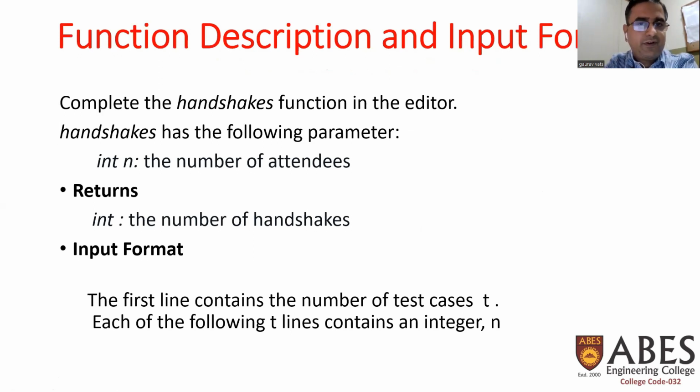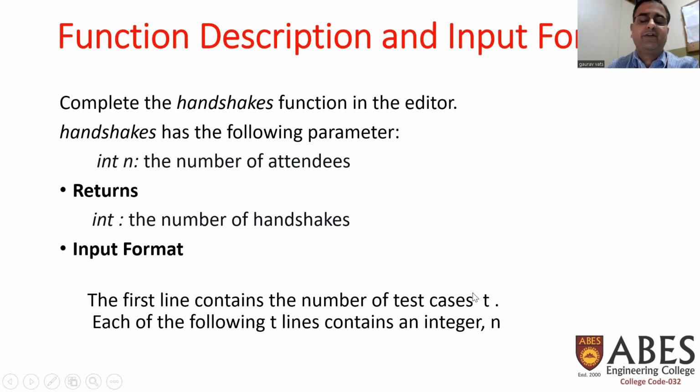Now, the function we have to complete is named handshake, and small n is the number of attendees. It will return the number of handshakes. And what is the input format? The first line contains the number of test cases, small t.